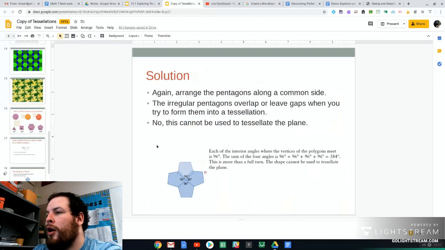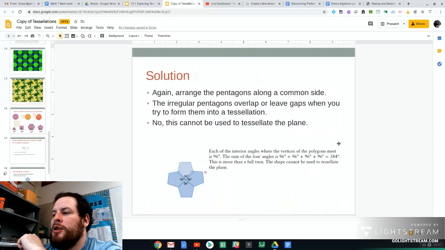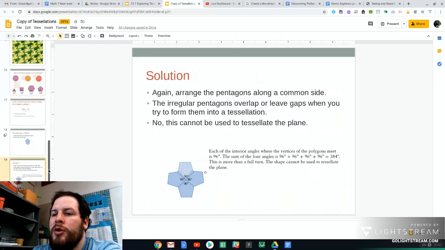And I have an image right here, because if we take 96 degrees and we try to line up the sides, we get over and over, but then this one is overlapping, so it's not able to tessellate. If we add up 96 plus 96 plus 96 plus 96 equals 384 degrees, which does not equal 360. So it cannot tessellate.